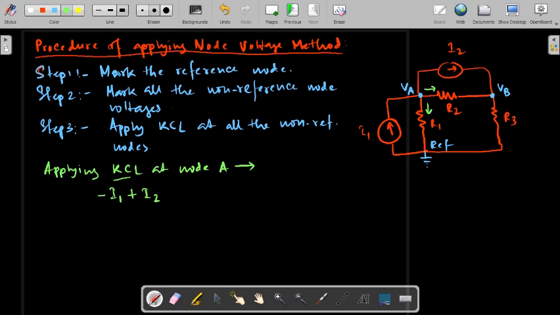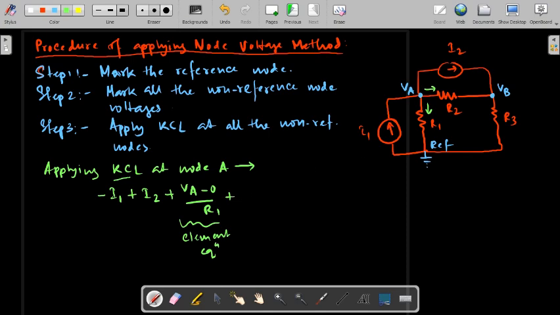The current going through R1 is going out of the node VA, so it will be positive, and from the element equation the current is VA minus 0 by R1. So in this KCL equation we are also mentally doing the calculation for the element equation and putting it over here.